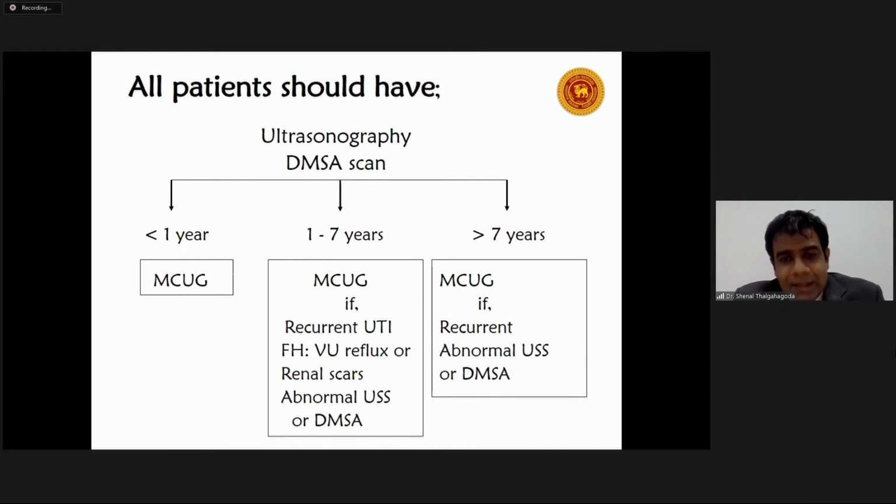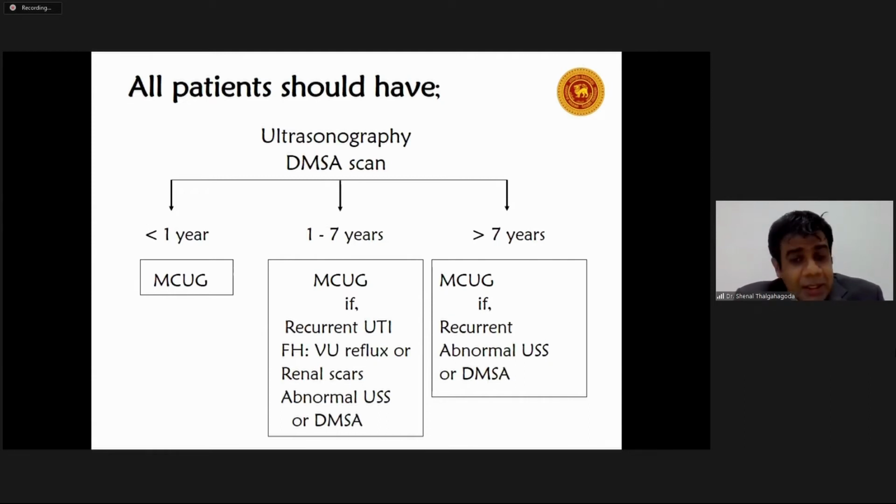Now, this guideline involved very extensive investigations in all patients with urinary tract infections. They recommended an ultrasound scan and a DMSA in all patients who have a urinary tract infection. And in those under 1 year, they also recommended an MCUG. So all three, if you had a UTI under 1 year.